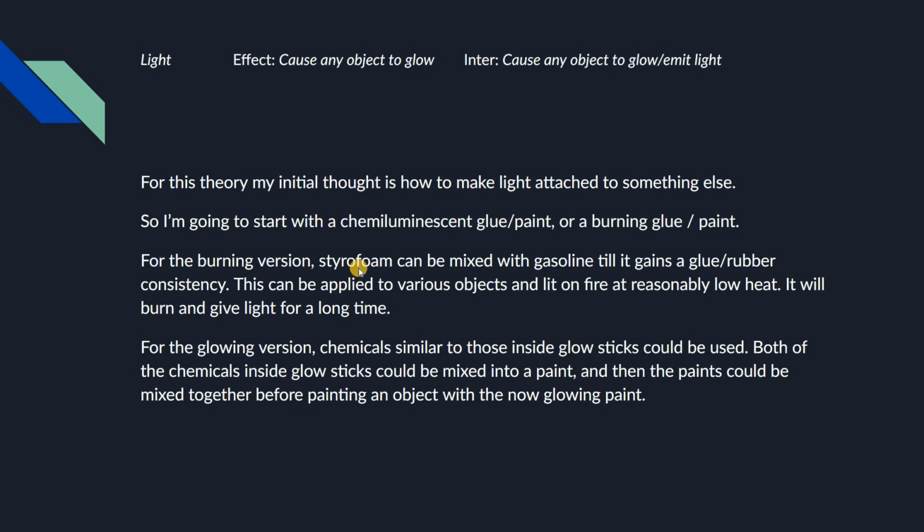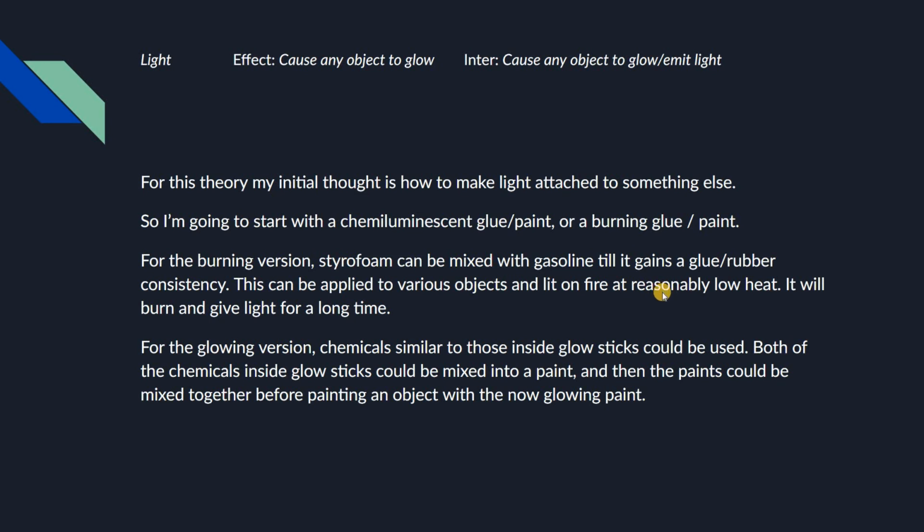For the burning version, you can mix styrofoam with gasoline until it becomes like a glue rubber. And then you can basically apply that glue to various objects and light it on fire, and it's reasonably low heat. It burns fairly slowly depending on the mixture. It's kind of called homemade napalm, but it really doesn't burn hot enough to be anywhere close to napalm. It is very sticky though.